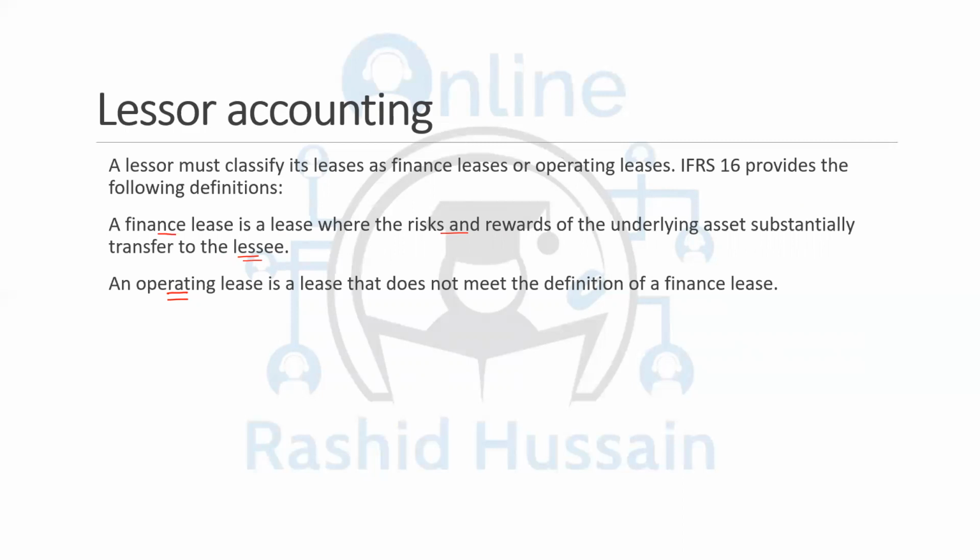So they should record the payment receivable as an asset rather than the asset itself, because they've already given the control to the lessee, so there's no point of recording the asset over here. In the operating lease, the lease that does not meet the definition of the finance lease, the control has not been transferred to the lessee, and still the control remains with the lessor.